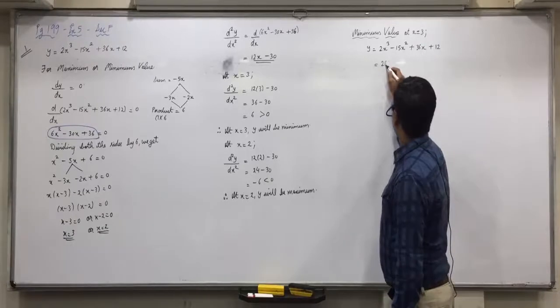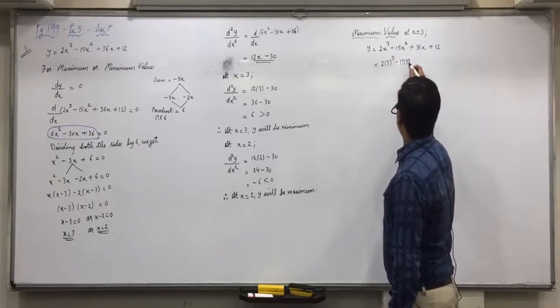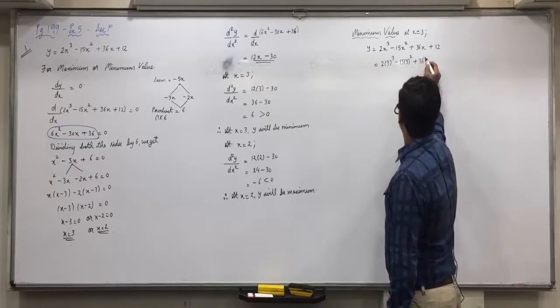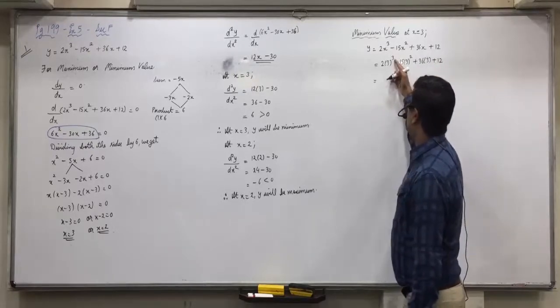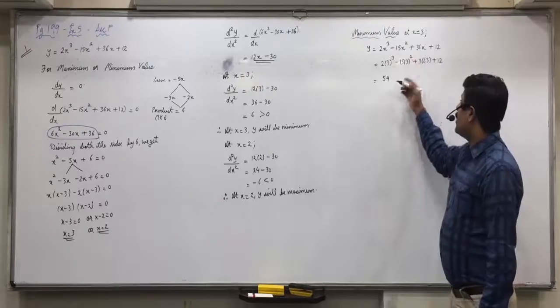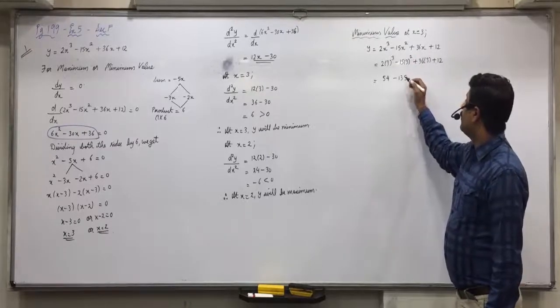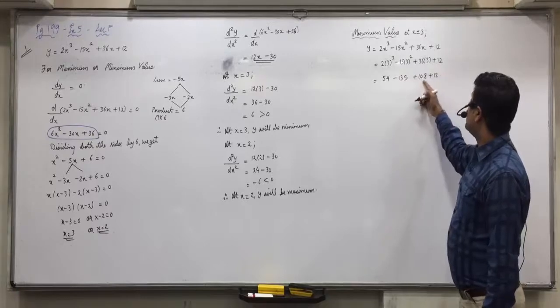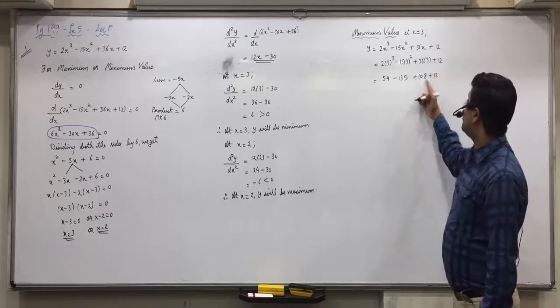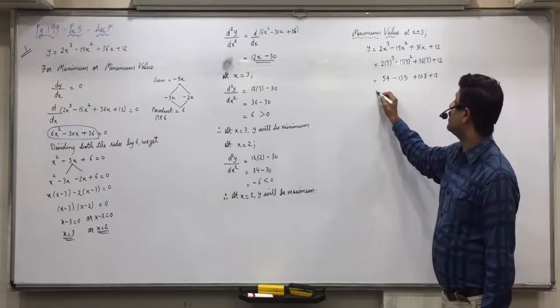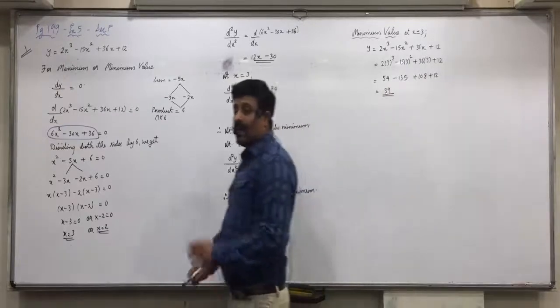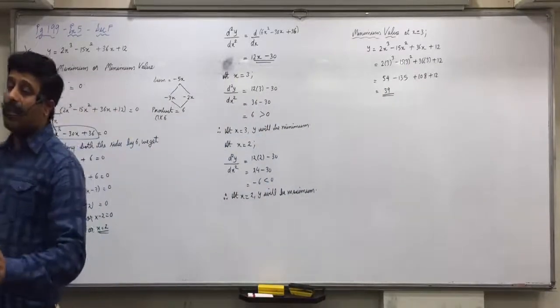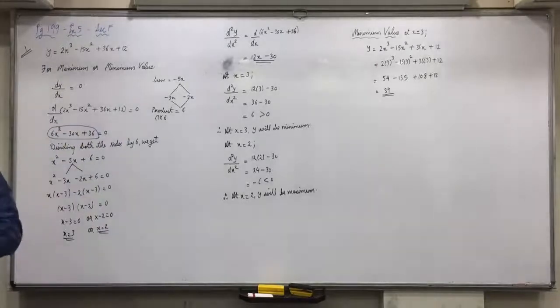So 2 into 3 cube minus 15 into 3 square plus 36 into 3 plus 12. 3 cube is 27, into 2 is 54. 3 square is 9, into 15 is 135. 36 into 3 is 108, plus 12 is 120. 174 minus 135 is 39. So 39 is the minimum value of y.